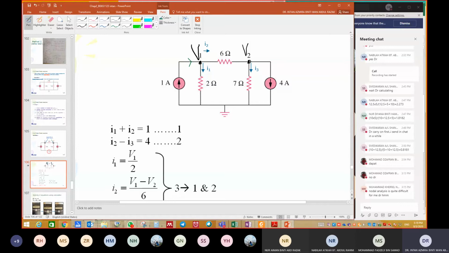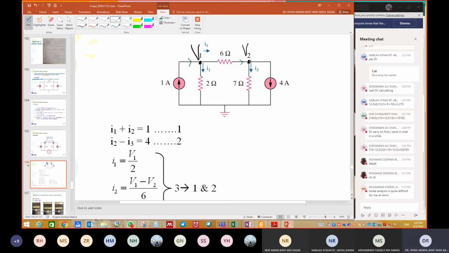Now I put the current I2 to flow out from the node, and then it must flow through the 6 ohm and enter V2. Please do not make the direction of I2 and I here different, because current must be in one direction. How about this node? This one enters the node.